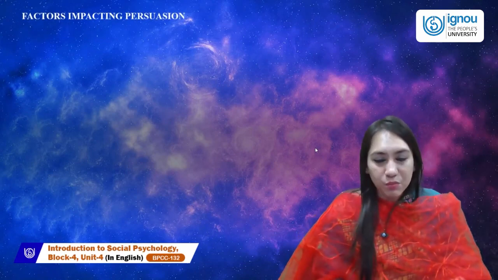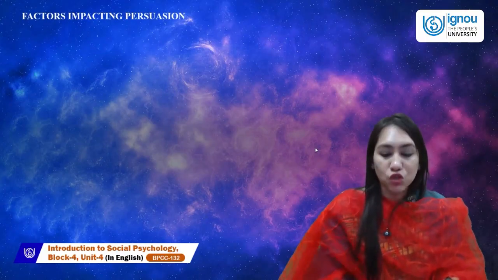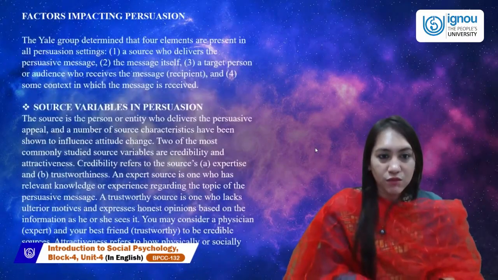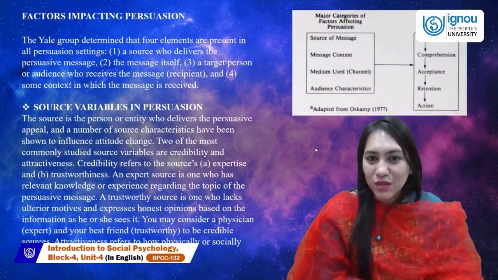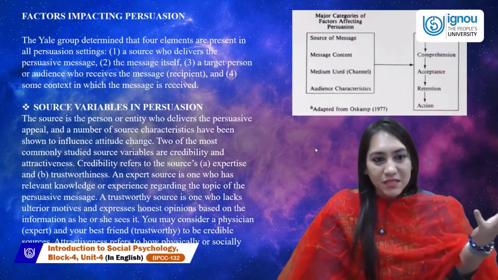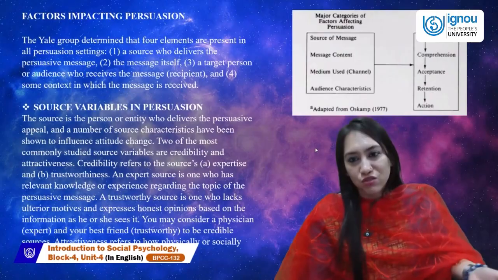Influence can be from people. It could be from mass media also. That's why I gave you the example of a shopping portal. Factors which are influencing. Let's come to the picture, because pictures always make it very easy and simpler for us. Source of the message, which is the person who's delivering the message.